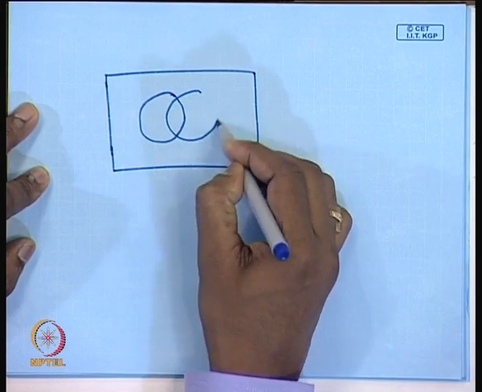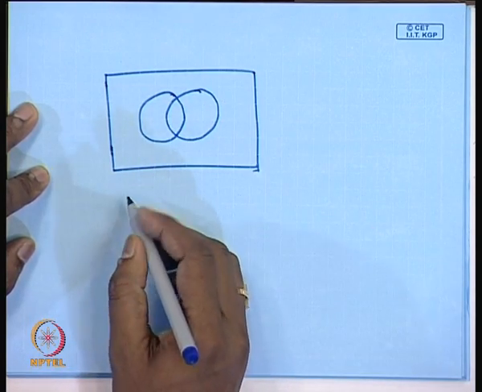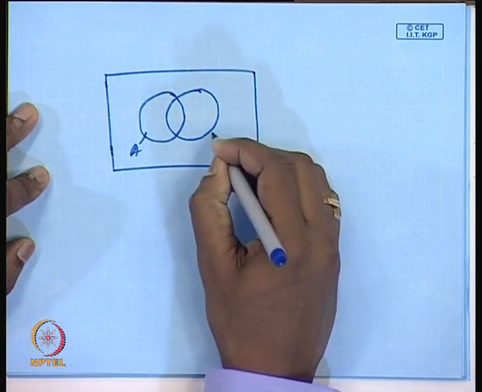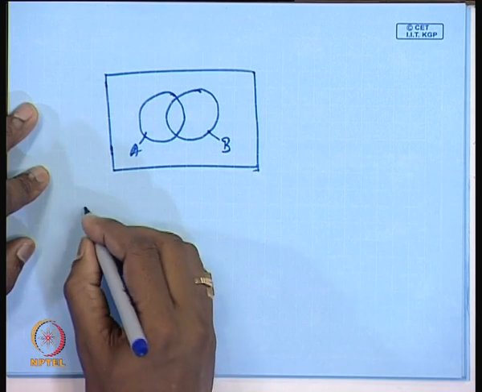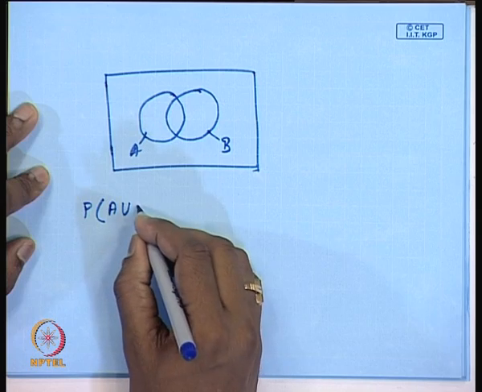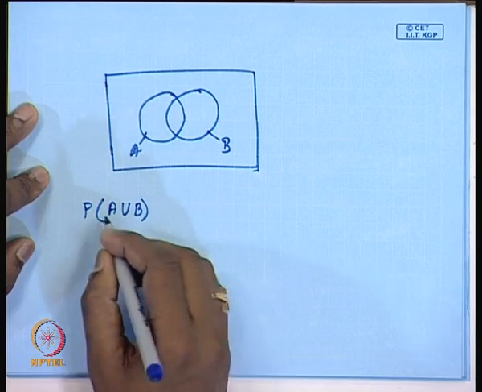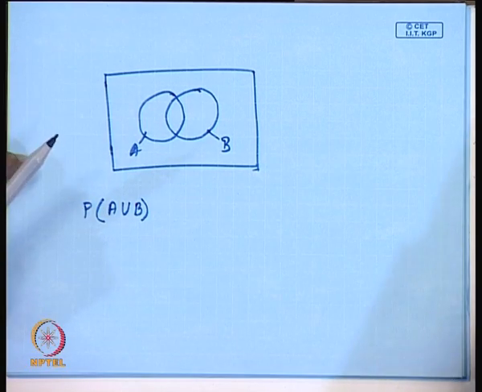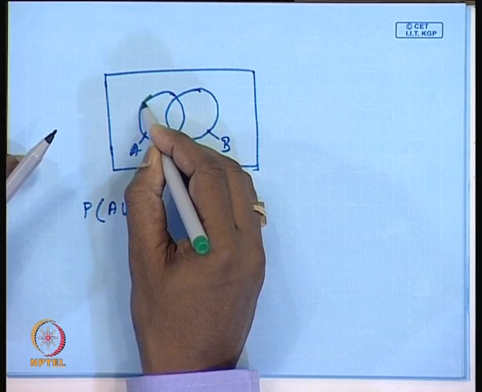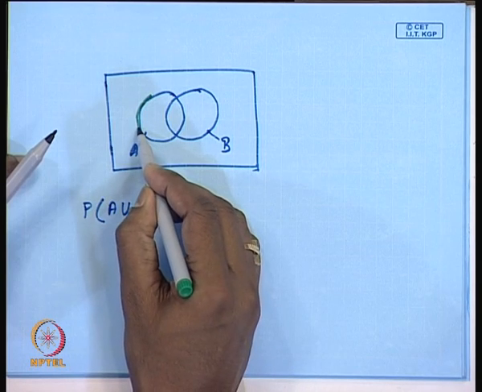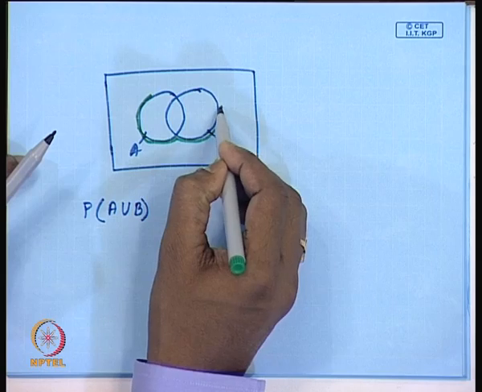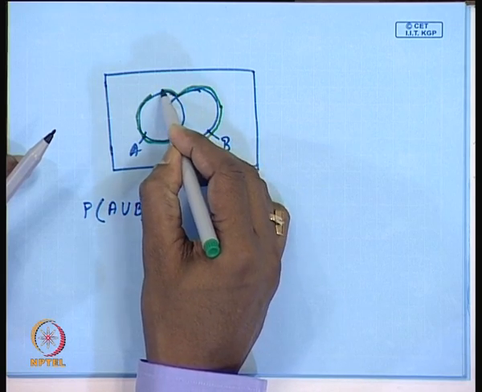Again, what we are trying to get is the union of this, which is your A, and if this is your B, then we want the probability of A union B. So what is this probability of A union B? It is this green area. If I just draw it along the side of these circles, this union concept was given in the last class. So this is your union of two events.